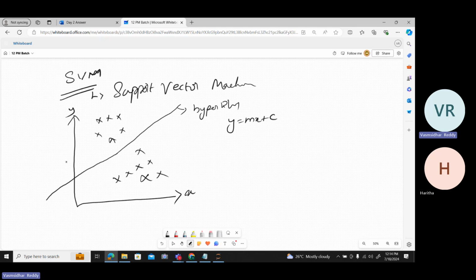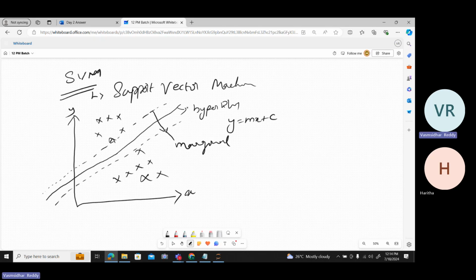Here we need to identify two more planes, shown as dotted lines. These two are called marginal planes.